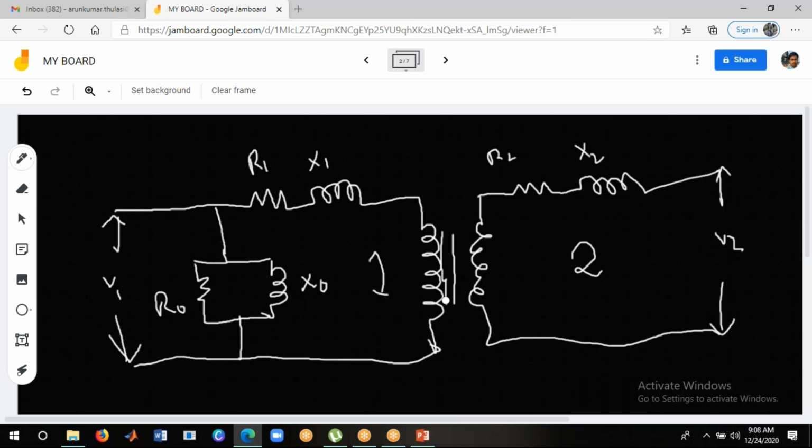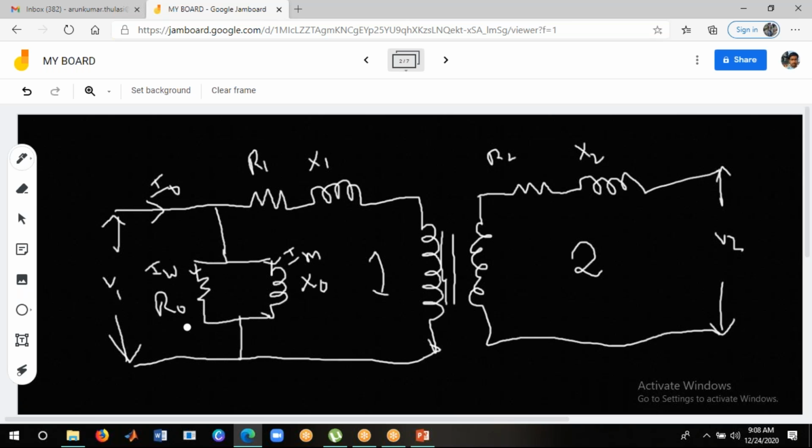Now, if you observe the primary winding and secondary winding, we have the parameters R1, X1, R2, X2. Additionally, we have R0, X0. Initially, when we apply the voltage V1, the current I0 will flow through the circuit. I0 is the no load current. This I0 current will be divided into two components: a working component and a magnetizing component.